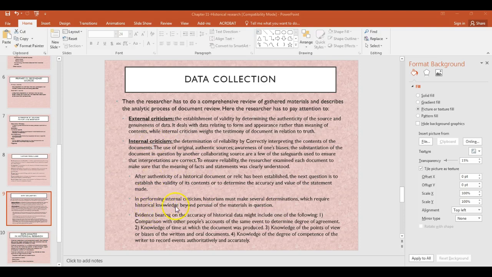In performing internal criticism, you must make several determinations which require historical knowledge beyond the material in question. You have to have more understanding of the incident itself.